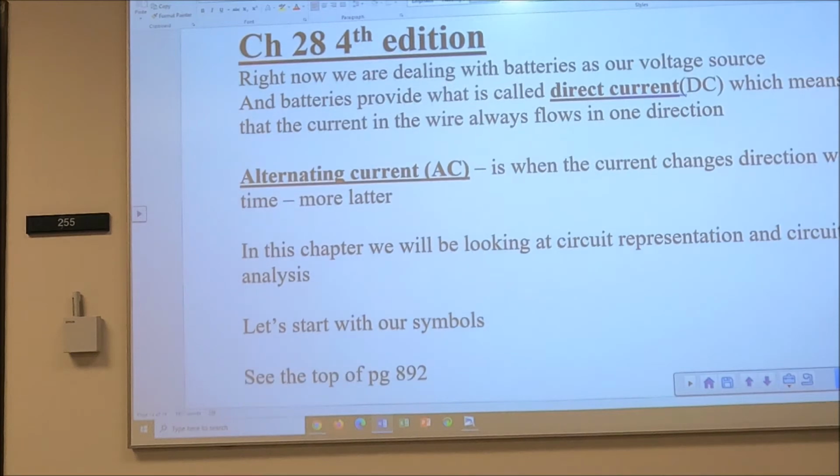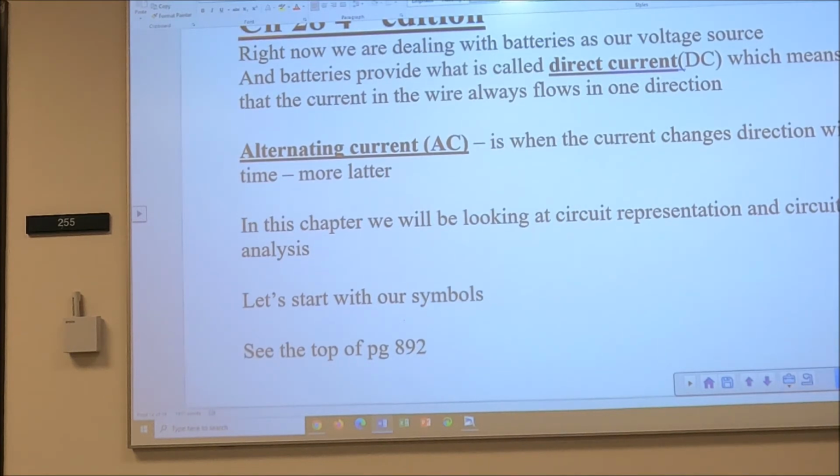Chapter 28. Now, we're still dealing with batteries as our voltage source. So we're dealing with DC power and a DC current, a direct current, which means the current is always going to flow in one direction. AC is when the current changes direction with time.